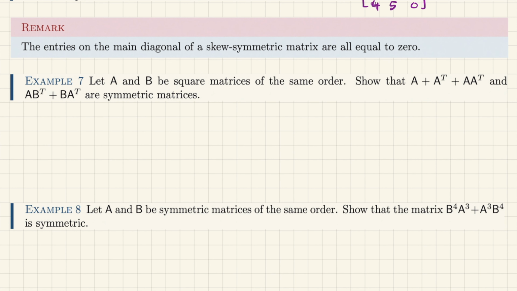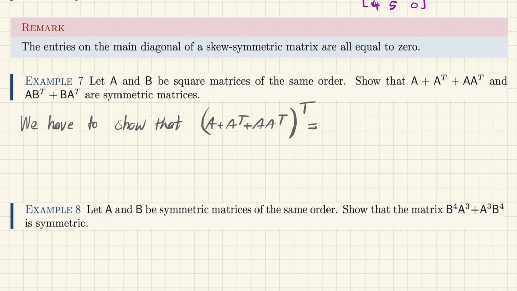What I need to do, so I would say we have to show that A plus A transpose plus A transpose transpose is equal to itself. Do you agree? I want to show that this combination, regardless of the nature of matrix A, is symmetric. So it means that if I take the transpose of that combination, it becomes equal to itself. That's the meaning of being symmetric, yes?